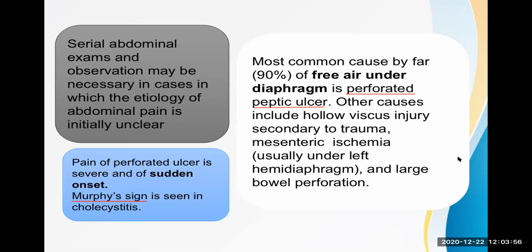We take this opportunity by taking the X-ray and asking the patient to stand up in the erect position, and we can see this gas. If this gas is seen, it almost confirms that there is a perforation of the hollow viscus. It may be perforation of a peptic ulcer, of the appendix, of the small or large intestine, or because of mesenteric ischemia there is death or gangrene of the intestine, and that has also perforated. Remember this.